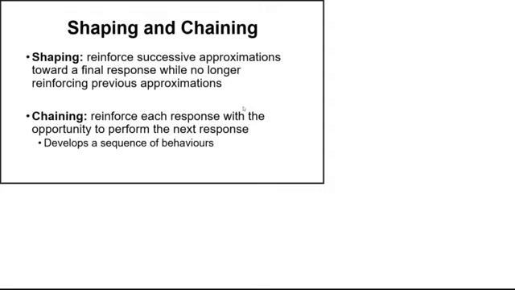So instead of immediately delivering reinforcement, you sort of, quote unquote, reinforce them by giving them the opportunity to do the second action, which would then get them food. And you can chain together or string together multiple behaviors to get more and more complex actions.